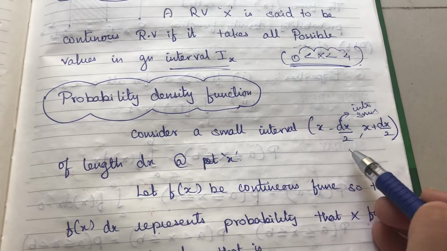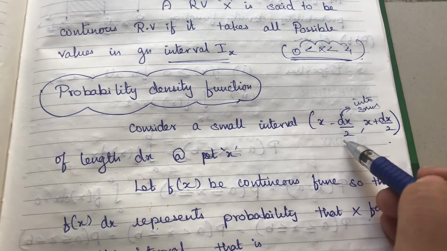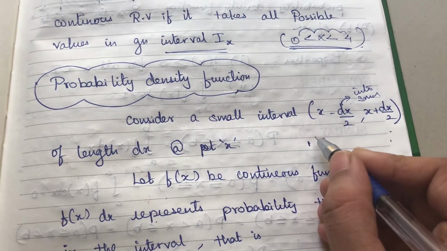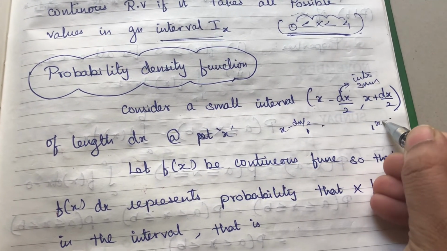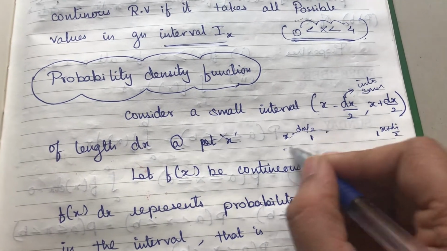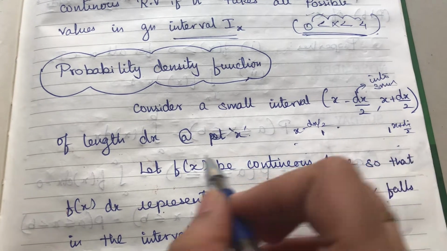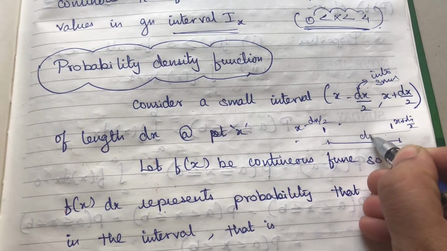These are the two limits, the two ends. So we have taken a small limit of length dx.